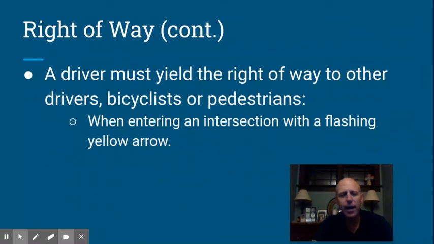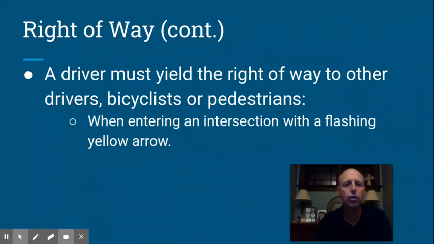You didn't used to see these anywhere, and you would just have a green light. Now a lot of intersections put these flashing yellow arrows, specifically flashing yellow left turn arrows.